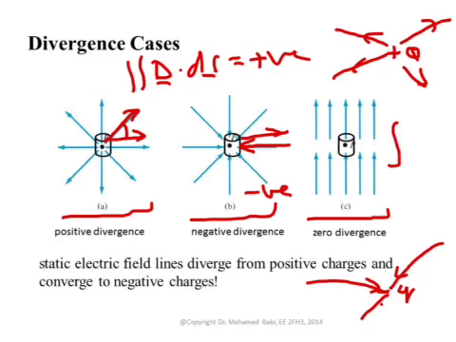So if you do the total integral of D dot dS, you will get 0 because the net flux is 0. So if you take the limit as you make this probe, this cylinder, very tiny, very small, and you divide by the volume, this will be a measure of how the field is diverging, converging, or neither diverging nor converging: it's zero divergence at a point.